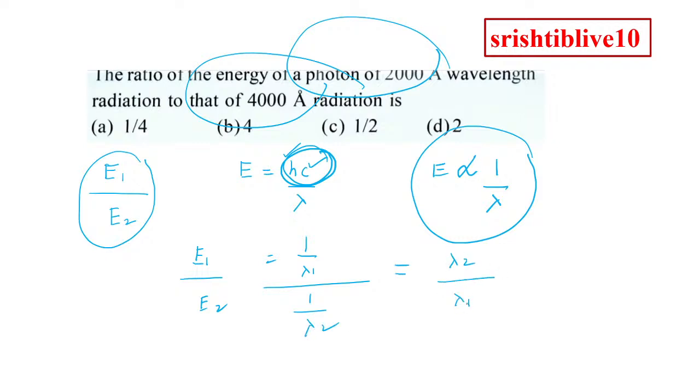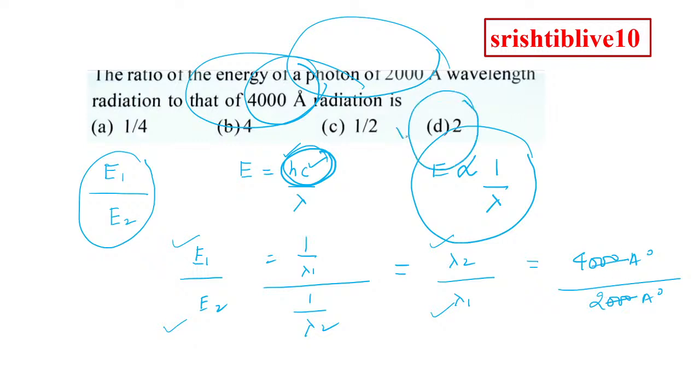So E1 divided by E2 is lambda 2 by lambda 1. I just need to substitute the respective lambda values. Lambda 2 is 4000 angstrom, lambda 1 is 2000 angstrom. Angstrom and angstrom cancel out. 4000, 3 zeros, 3 zeros. It's going to be option D. Clear, everybody? Any doubts in this question?